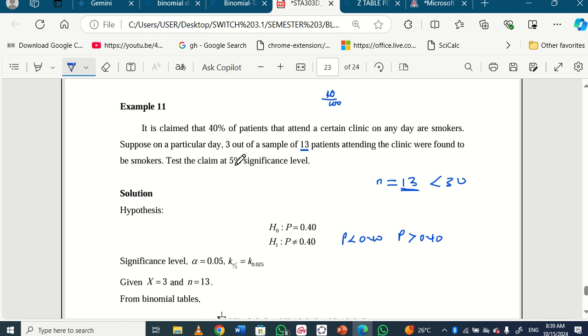We have been given a significance level of 5%, which is 0.05, but because it is a two-tailed hypothesis, we divide it by 2 to get 0.025, and we are going to call that K. So our K is 0.025.